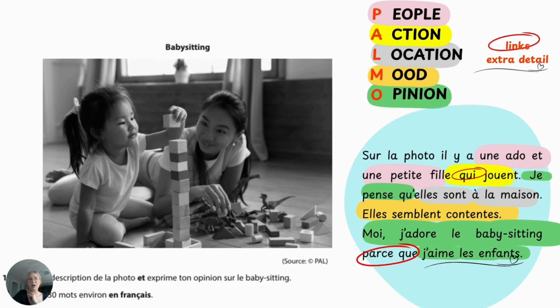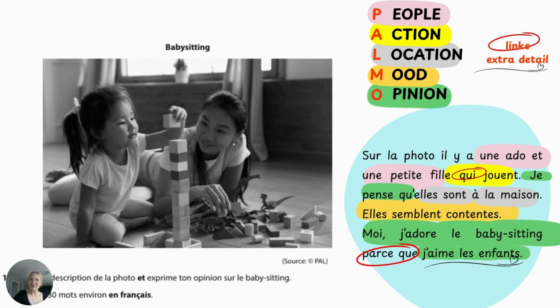Elles semblent contentes. That is our mood. They seem happy. Noticing they is elles with an S on the end because there are just girls on the photo. That would change to ils with an S on the end if there were just boys in the photo or a mixed group, or if you couldn't tell. If in doubt, go for ils. Bit sexist, but yeah, that's what we have to do.